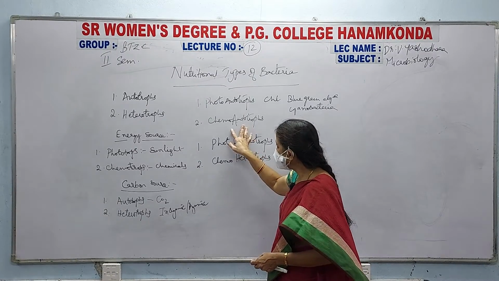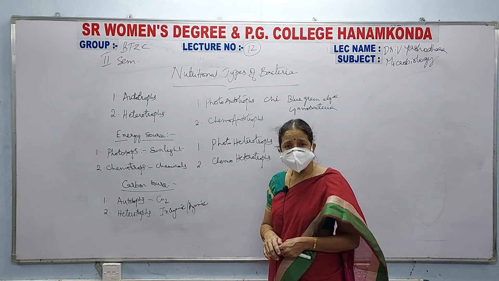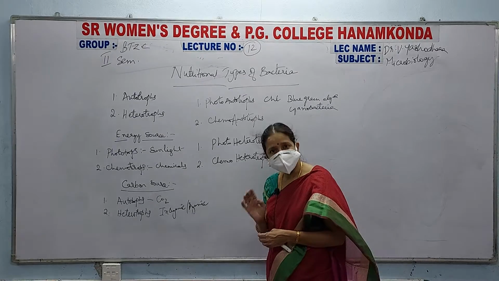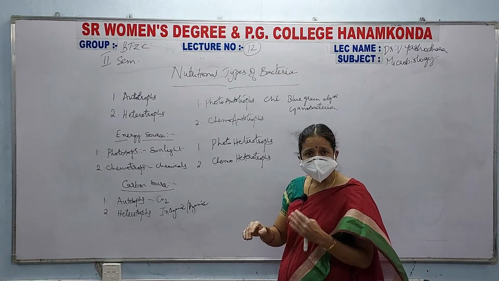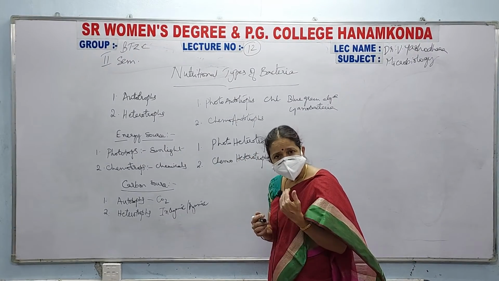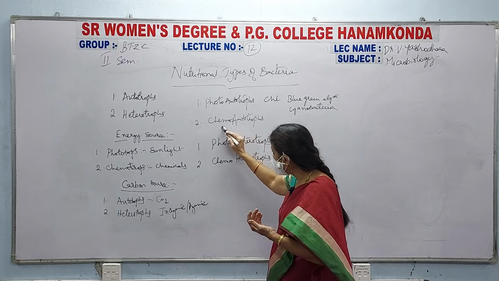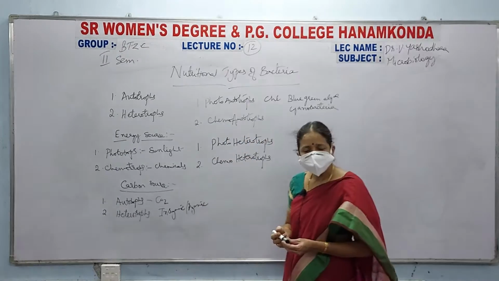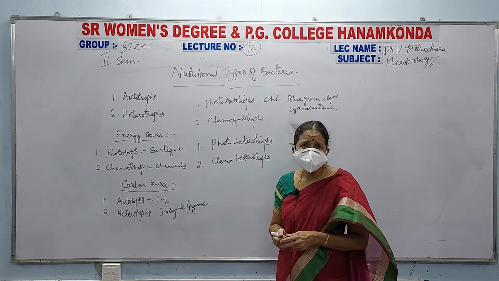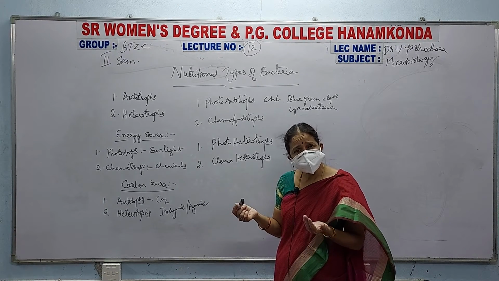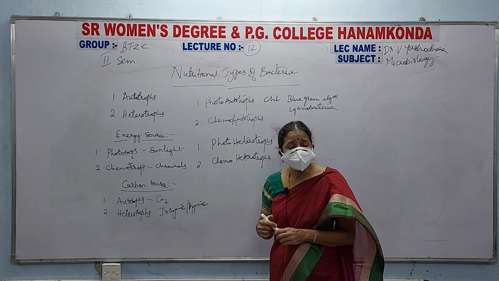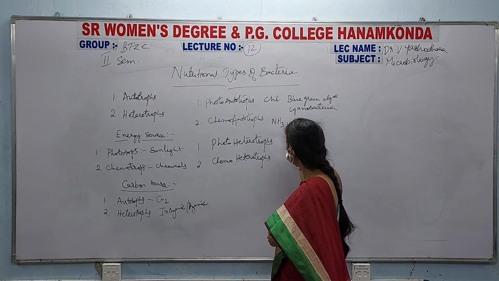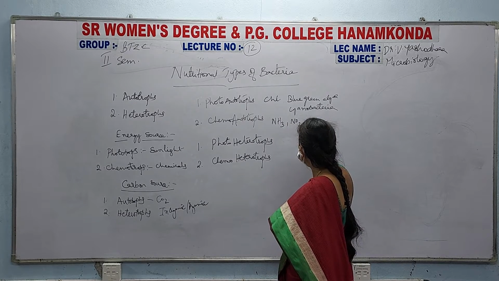Now these chemoautotrophs synthesize the food material, organic nutrients, in the absence of light. From where will they get the chemicals and carbon dioxide source? These chemoautotrophs get the carbon source by oxidation of some compounds like ammonia, nitrogen dioxide and hydrogen.